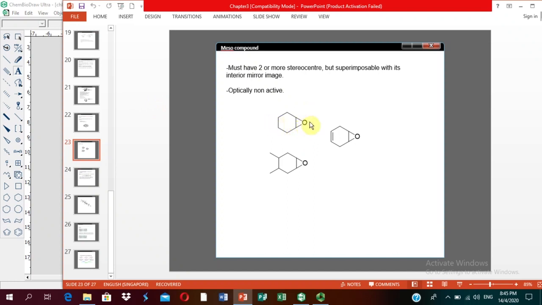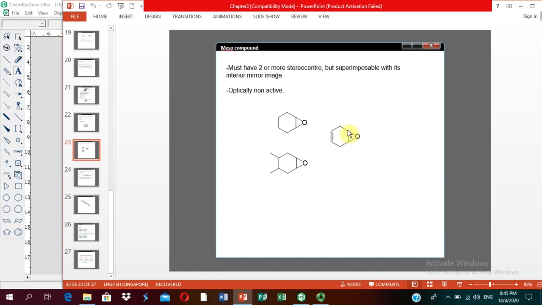Okay, if you look at the structure, if you draw the line here, like if you put a mirror here, so this is object, this is image. It's object, image, object, image. So this is superimposable. This type of molecule is considered as meso compound. Same goes to this cyclohexene epoxide. Yeah, this is the first characteristic you must identify.